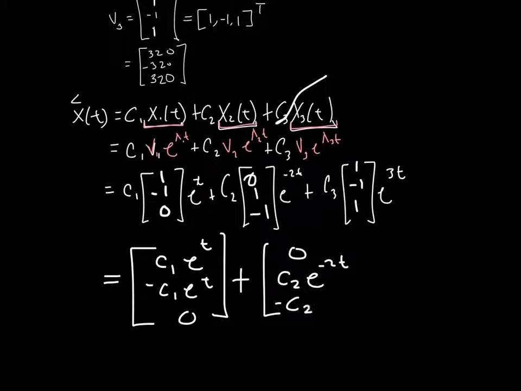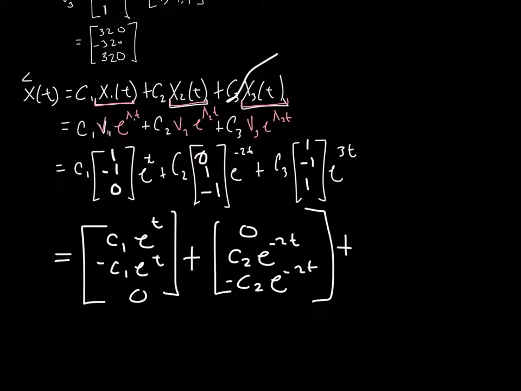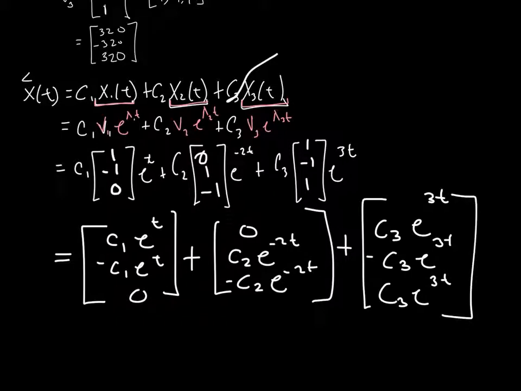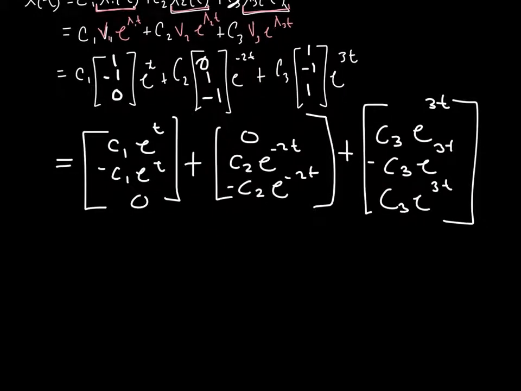negative C2 e to the negative 2t, plus C3 e to the 3t, negative C3 e to the 3t, and we know A is equal to C, so you can just rewrite that. These are all column vectors, and we can add them using matrix operations.